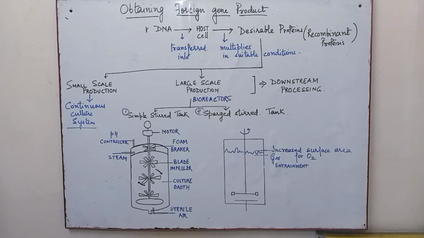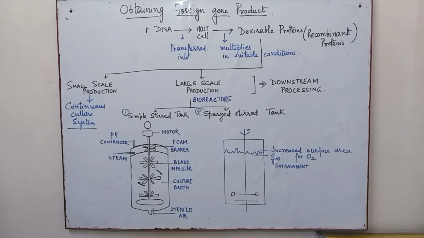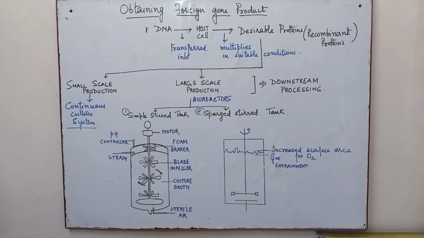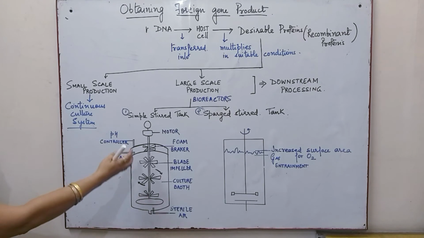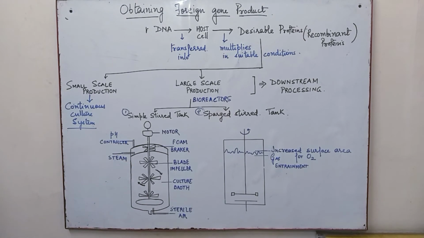And the foam control is there, which regulates the formation of the foam. Then there is a pH control, that is the acid base controller, so pH is maintained, then temperature is regulated. And the sampling ports for periodic withdrawal are there, so that there is continuous monitoring of the product which is being obtained over here.